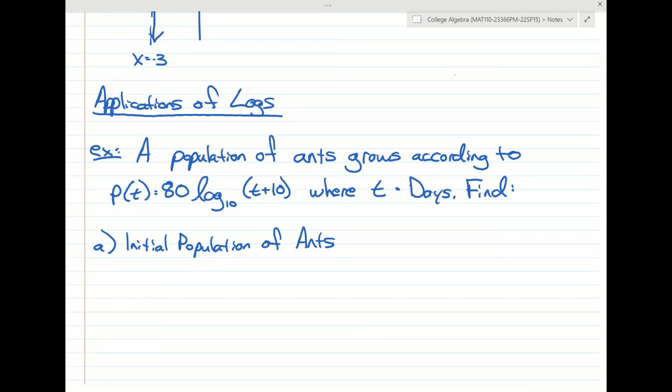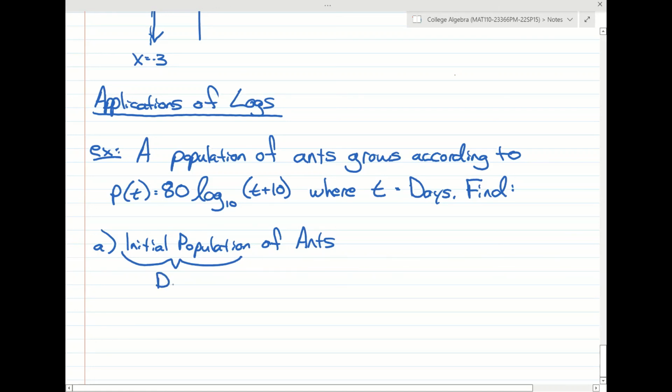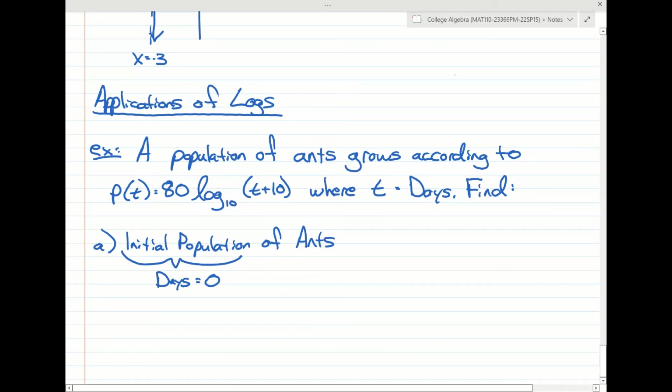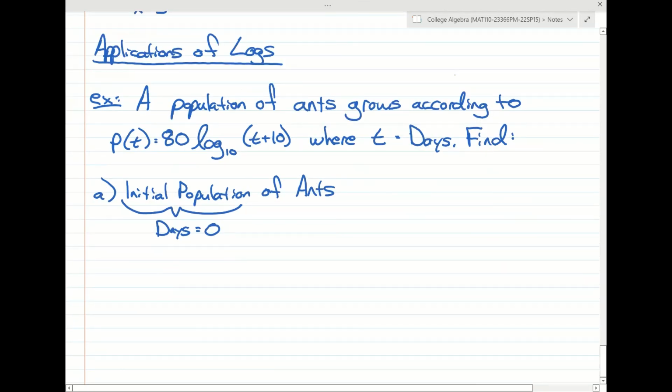So initial population means that you're just starting. So whenever you see initial population, this just means your independent variable, or days, is equal to 0. And what you have to do on your calculator is plug in 80 times the log base 10 of 0 plus 10.